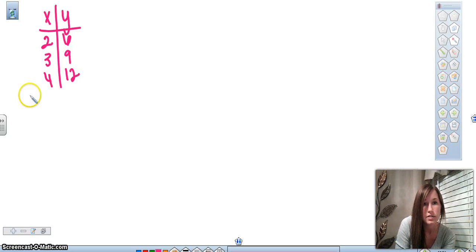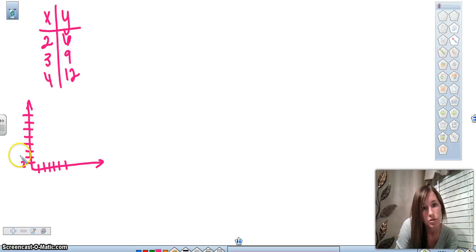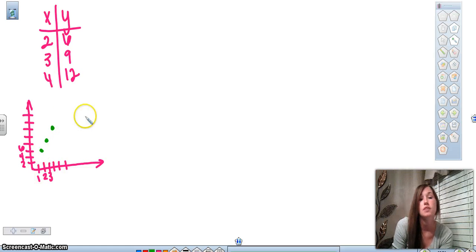If we were to graph it, if I can do this neatly, we'll have this go by 2s, and this go by 1s, so you get the idea. 2, 6, 3, 9, so that'd be 4, 6, 8, would be right in here. 4, 12, that'd be 8, 12, right here. If we graph this, we can see that straight line forming.